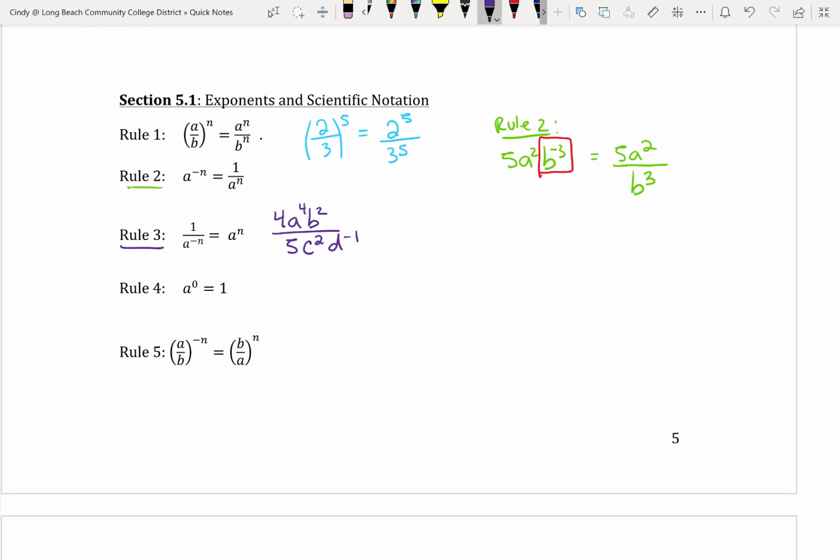Well, it tells me that the only thing that has a negative exponent is here, so it has to be moved to the opposite side. Every single thing stays the same. So I have the 4, the a to the 4th, b squared, 5c squared, and now that d, because it was the only thing that had a negative exponent, it's sad. Please move me to the opposite side so I can be a happy positive exponent, d to the first power. So that is how we make our exponents happy, by making them all positive.